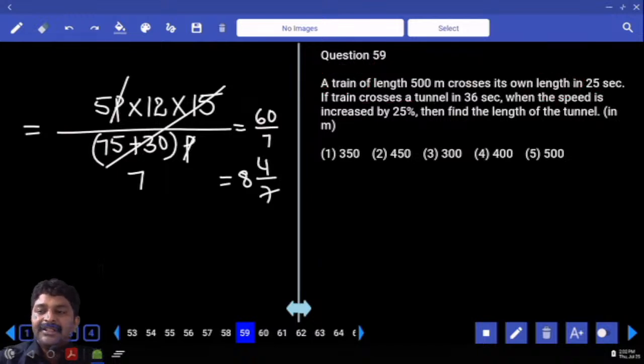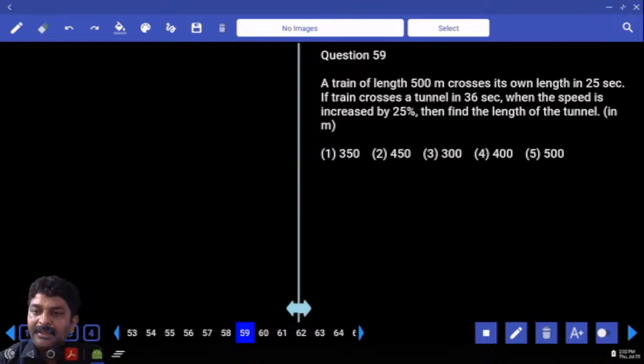A train of length 500 meters crosses its own length in 25 seconds. If the train crosses a tunnel in 36 seconds when the speed is increased by 25%, the length of the tunnel is, right? The train crosses 500 meters in 25 seconds.